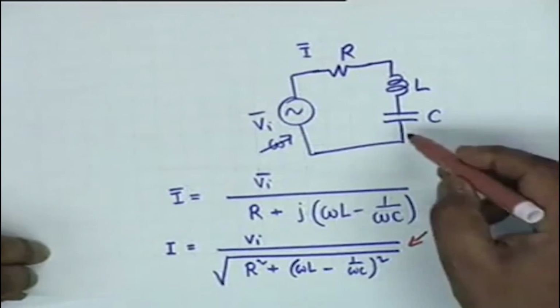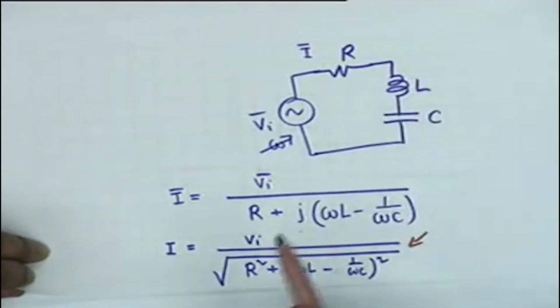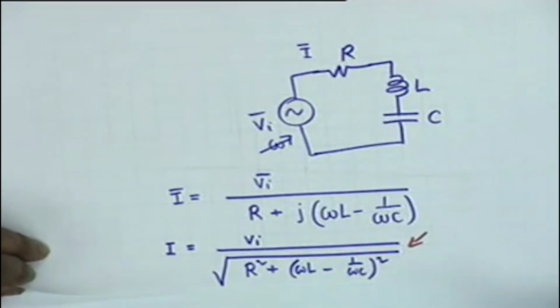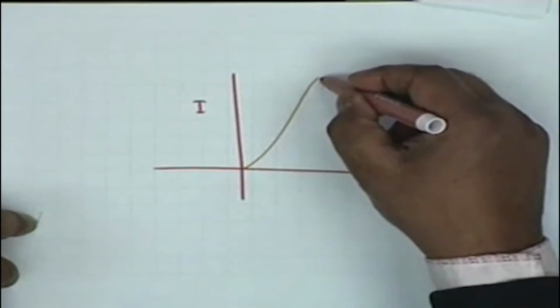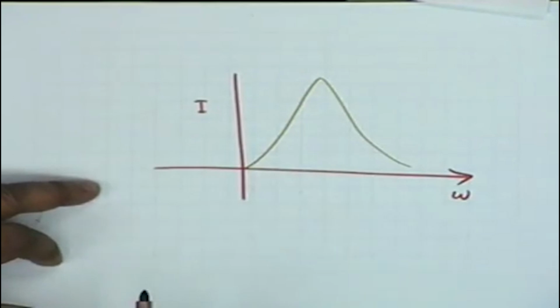Why? Because there is a capacitor. And at infinite frequency the inductance acts as open, so again the current shall be 0, and in between you have a maximum, and you can see that this is indeed the circuit of a band pass filter.